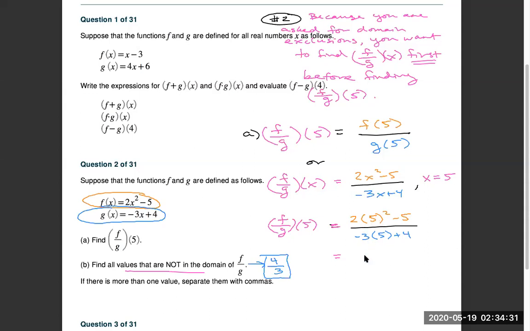We're going to have 2 times 25 minus 5 on the top, divided by negative 15 plus 4 on the bottom.